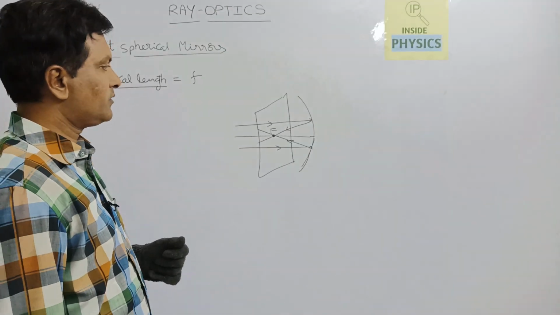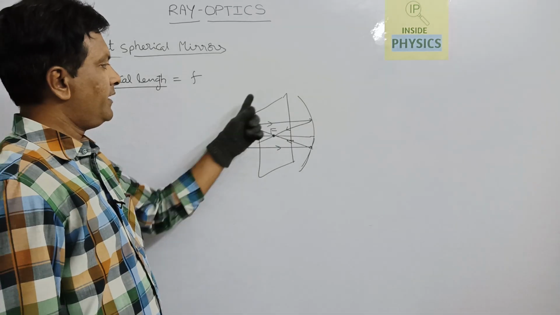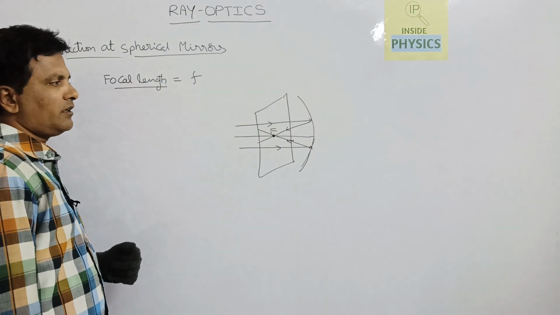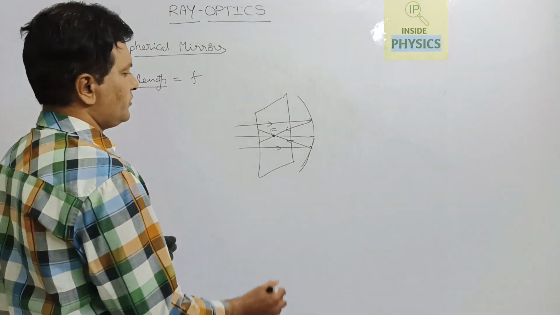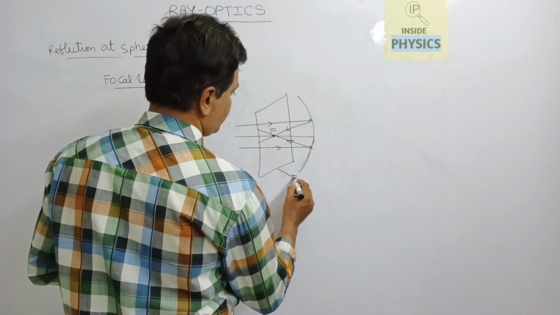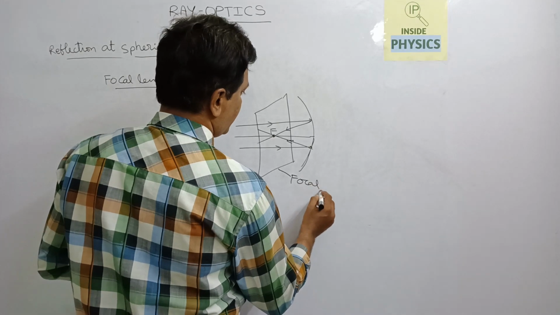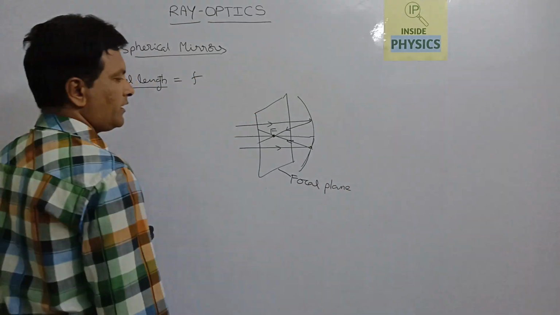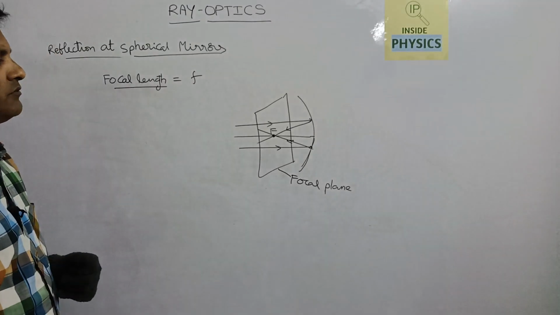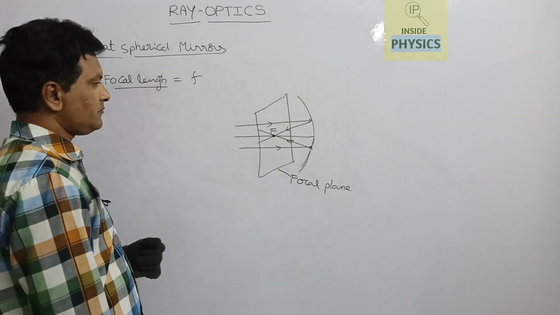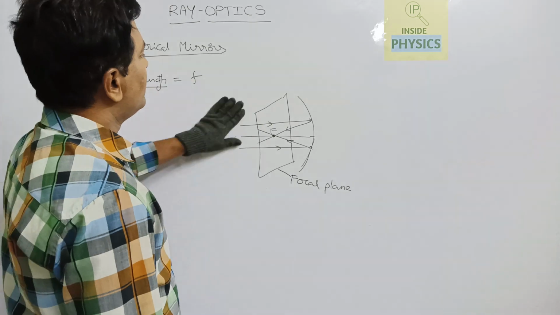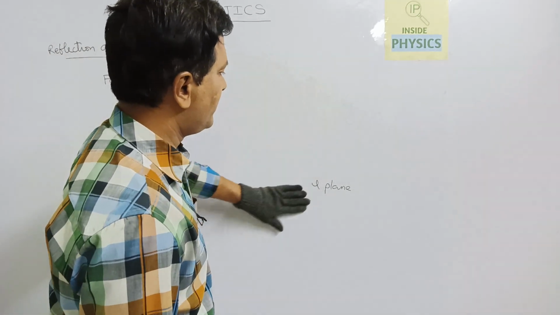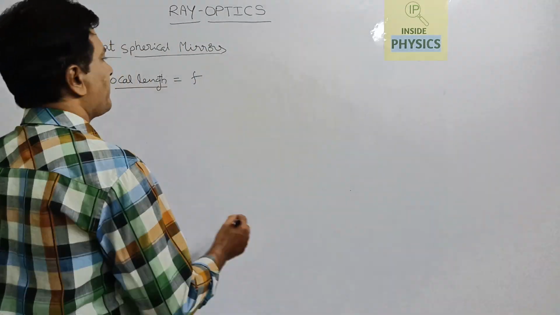This plane, where all the incident and reflected rays are passing through, is called the focal plane. So here we need to remember two things: focus and what is focal plane. Now we will see what the formula for focus is.